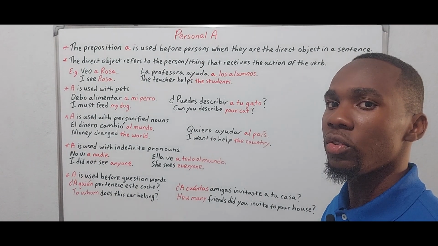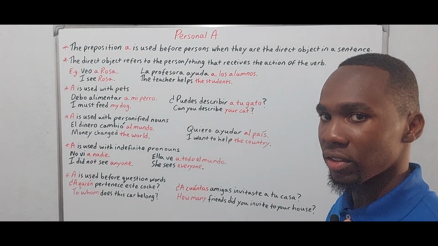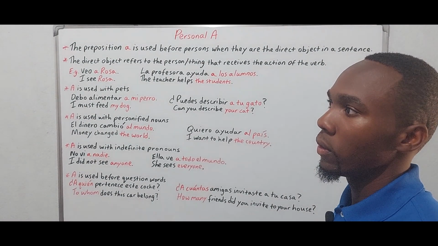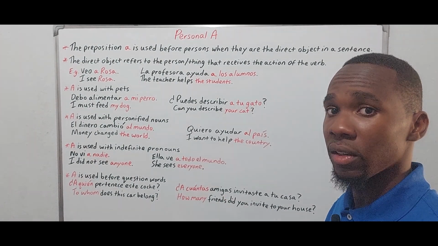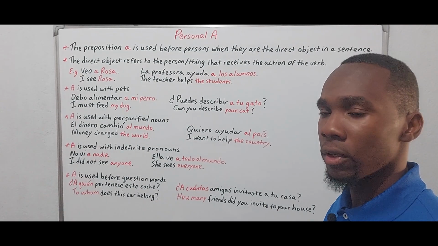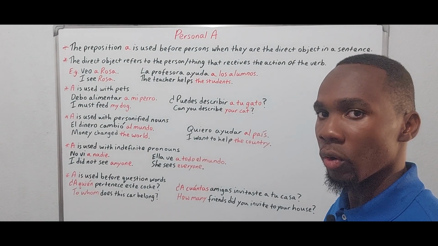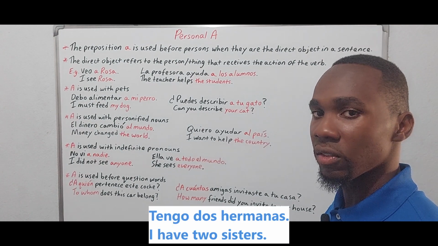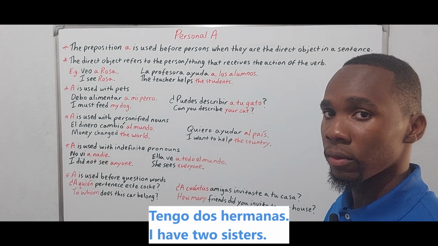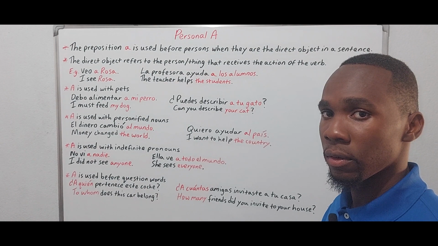We usually don't use it with tener, but there are some exceptions too. If we're talking about what we have, given that tener means to have, we don't use it. So if I say tengo dos hermanas, I have two sisters, I do not use the personal a to talk about what I have.